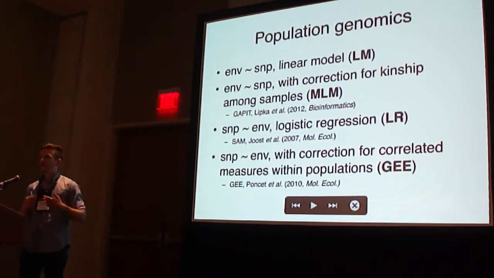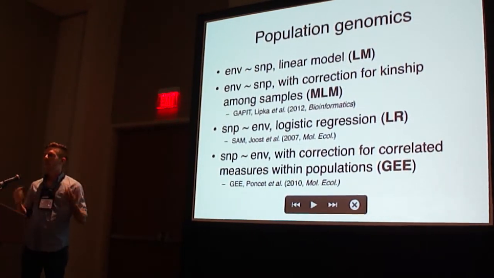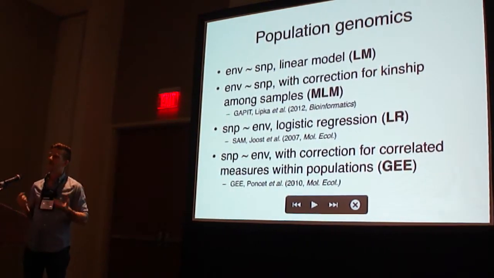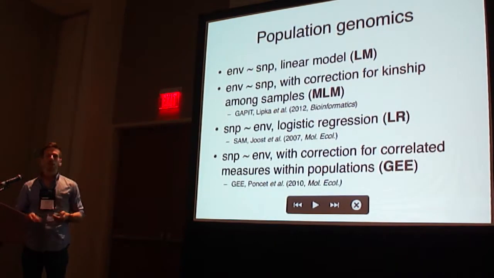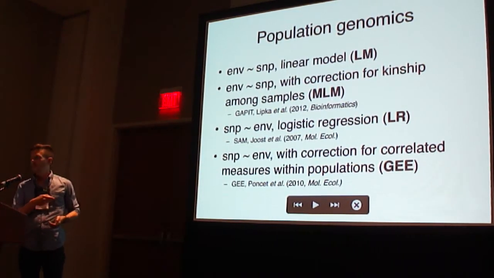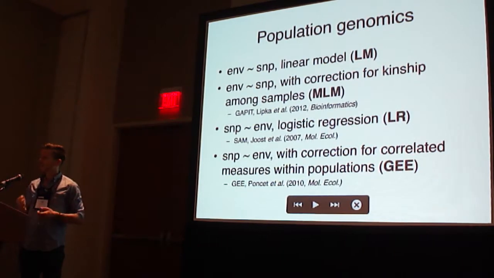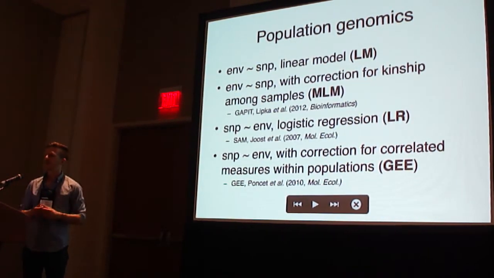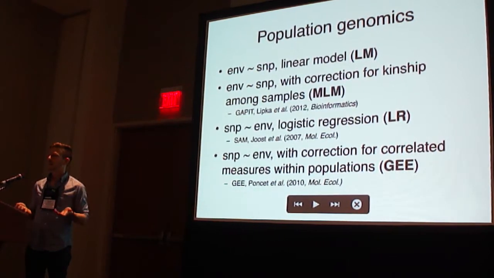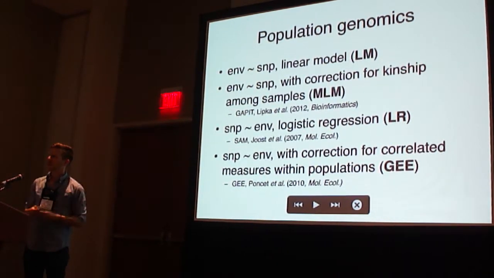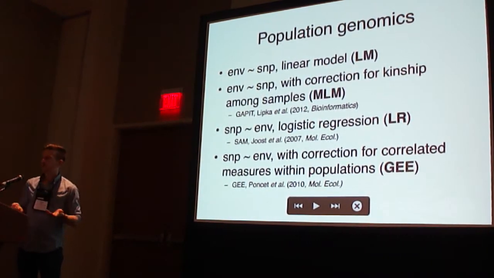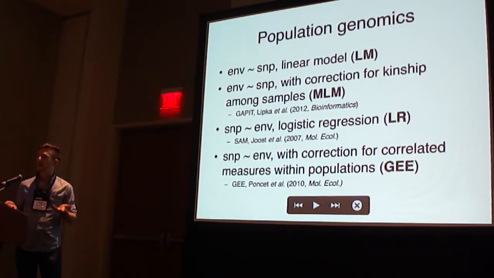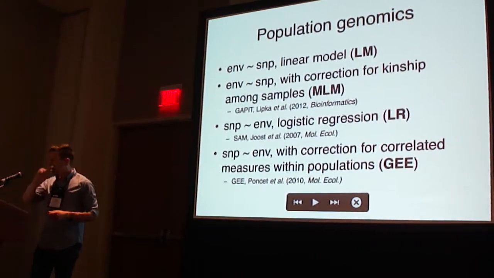You can take that basic approach and say, well, I'm concerned about the confounding effects of population structure, so you can use methods that incorporate kinship in a mixed linear model. One of the most recent versions of this is incorporated into GAPIT, which is typically used in non-spatial genome-wide association methods, but it can still be applied in these geographic studies.